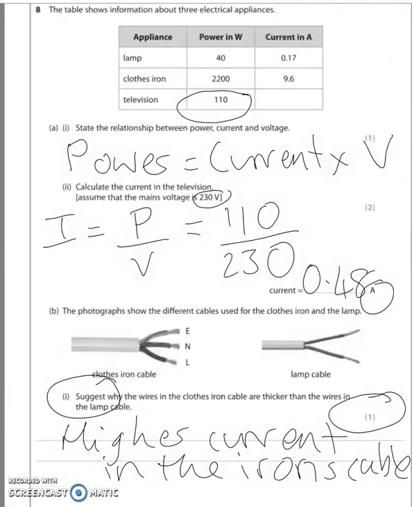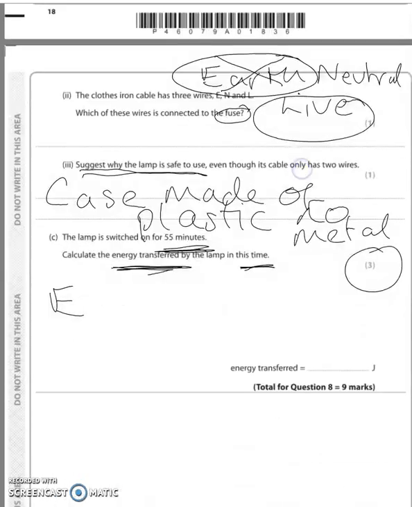Let's look back at the information we have for the lamp. We have that the power is 40 watts and the current is 0.17 amps. Let's just write this down to remind ourselves. We've got current, we've got power, we've got time, and we need energy. What would be the other thing that we would need?